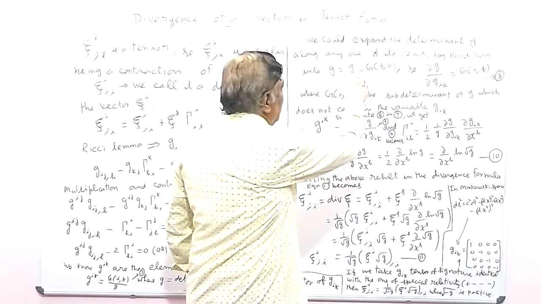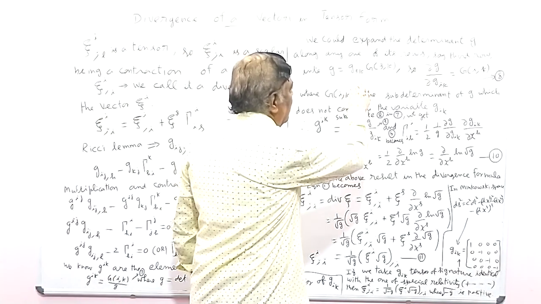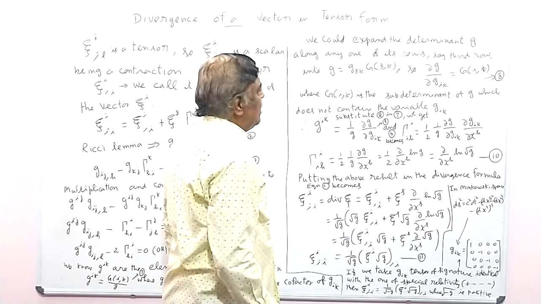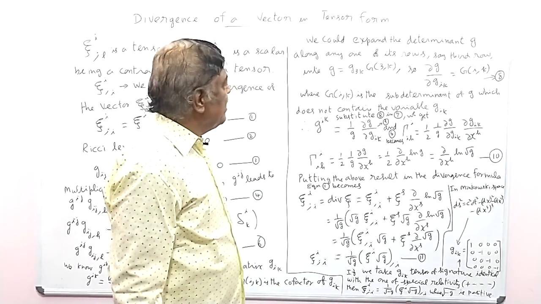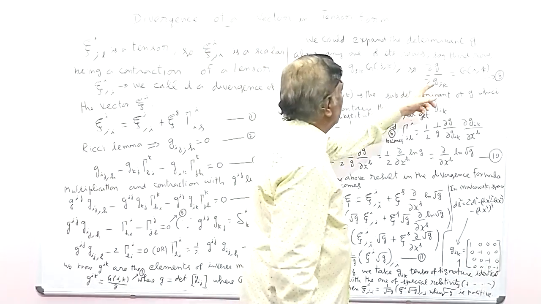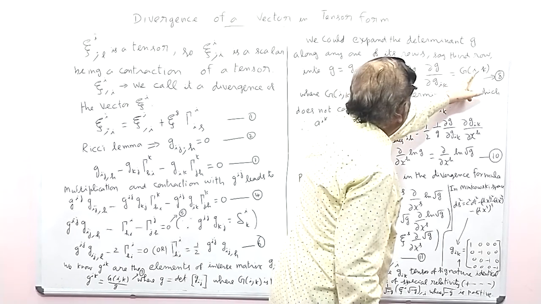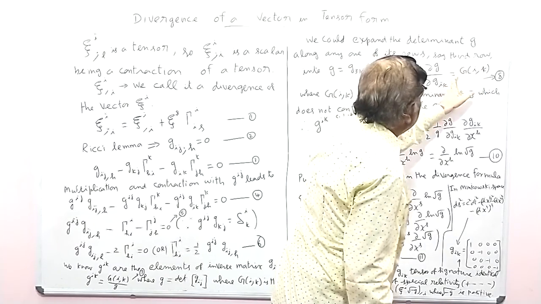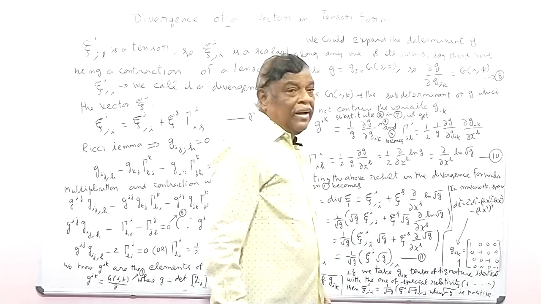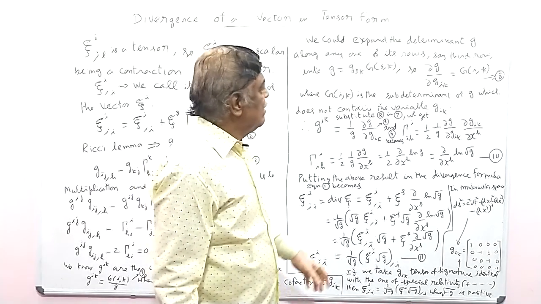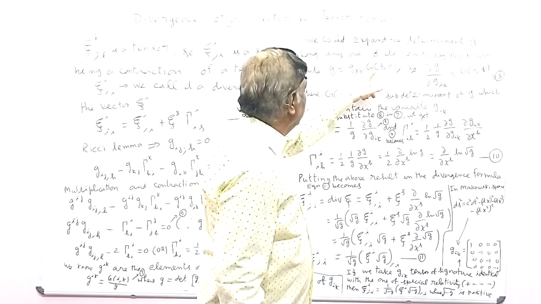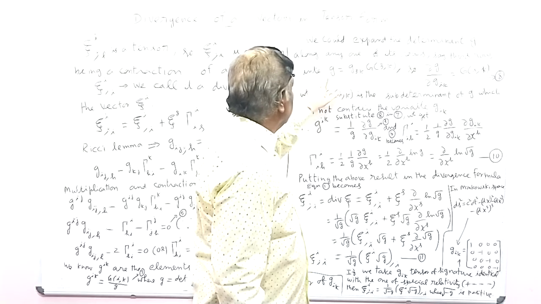Or instead of a particular row 3, in general, if you take the ith row, G of i comma k is the cofactor of i comma k. That can be applied from this expression g.